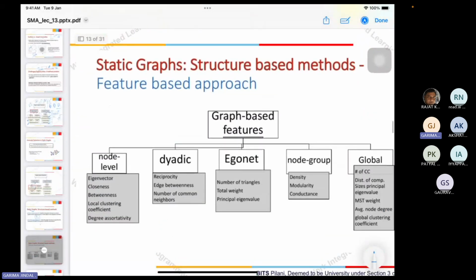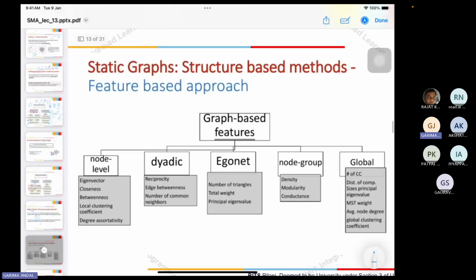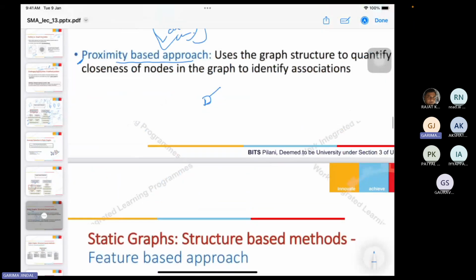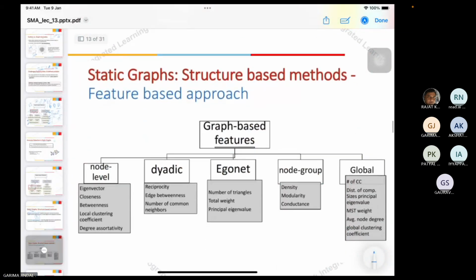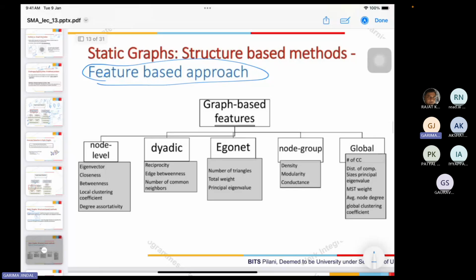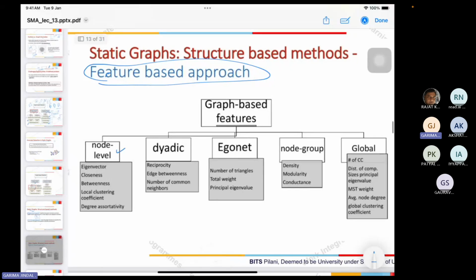Now let us discuss in detail the structure-based approach that is based on features. We are first going to discuss the feature-based approach. In the feature-based approach, we can identify the anomaly based on node-level properties. What are node-level properties?